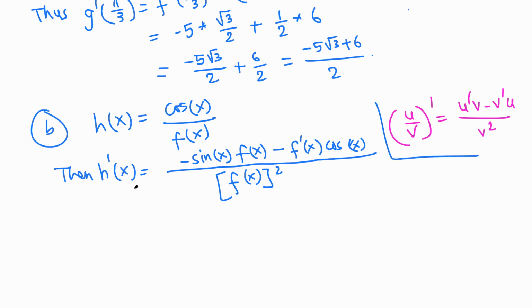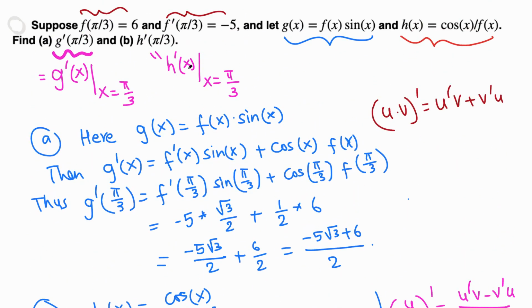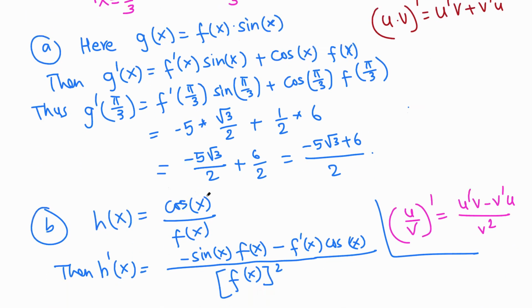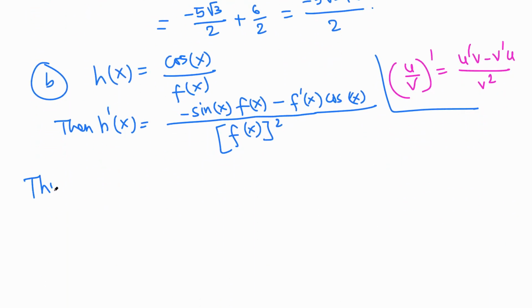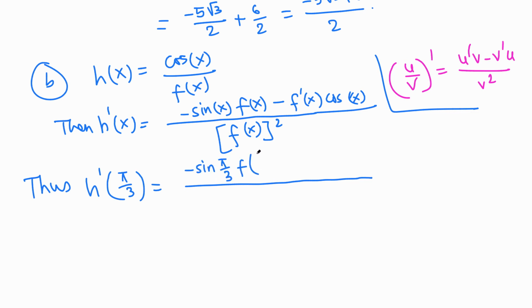That's h prime, but the question wants h prime at pi over 3. So replace x by pi over 3 throughout: negative sine pi over 3 times f of pi over 3, minus f prime at pi over 3 times cosine pi over 3, all over f at pi over 3 squared.